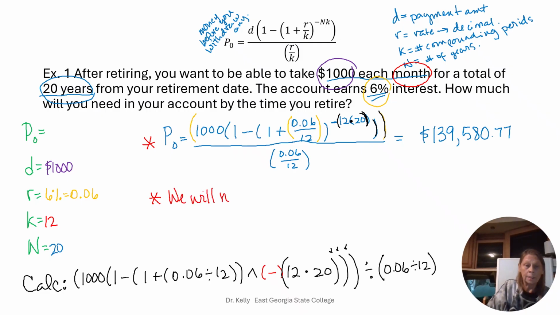We will need $139,580.77 in the account before retirement.